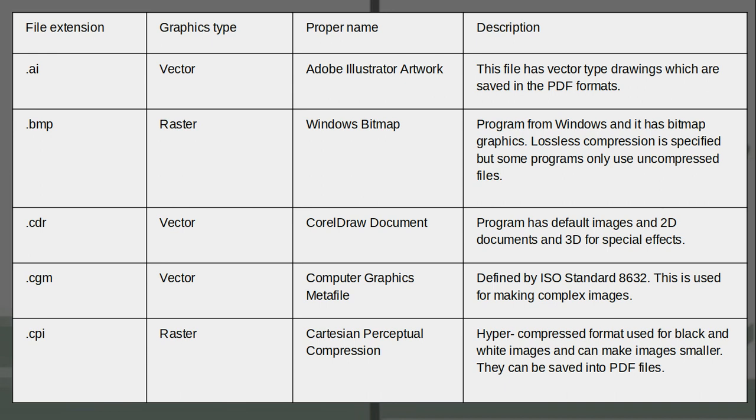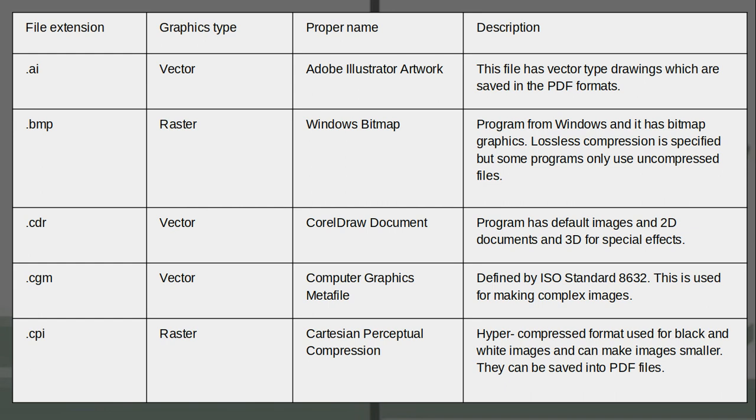And .cgm is also vector. Computer Graphics Metafile, defined by ISO standard 8632. This is used for making complex images. And finally is the other one. CPI graphics, raster graphics. And it's Cartesian perceptual compression.